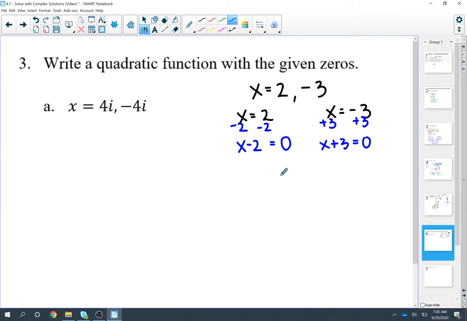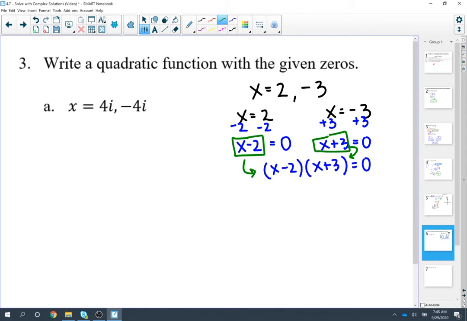And then if I go back a step further, I would have x minus 2 times x plus 3 equals 0. I just took this one and put it there, and I just took this one and put it there. And then this was my original equation, or my original function, that got me the two solutions of 2 and negative 3.